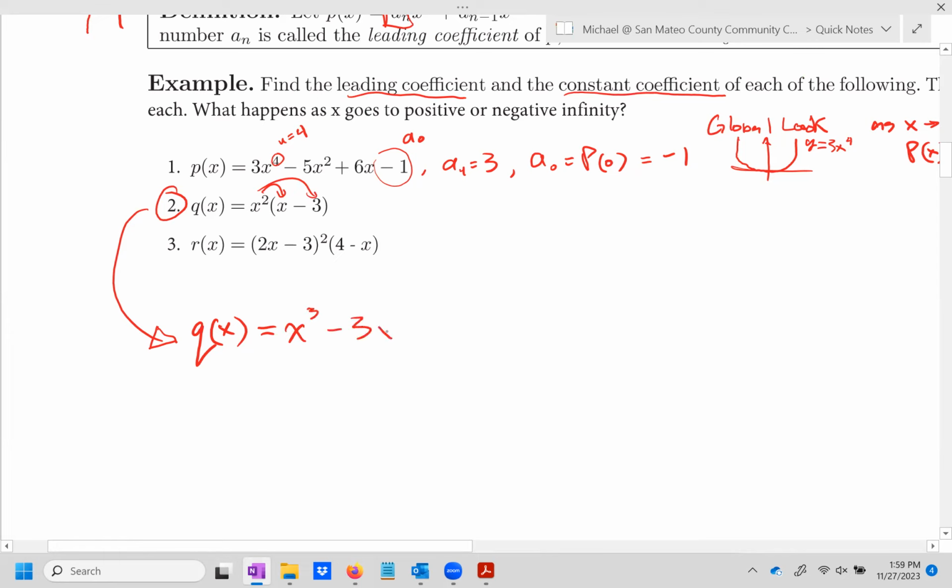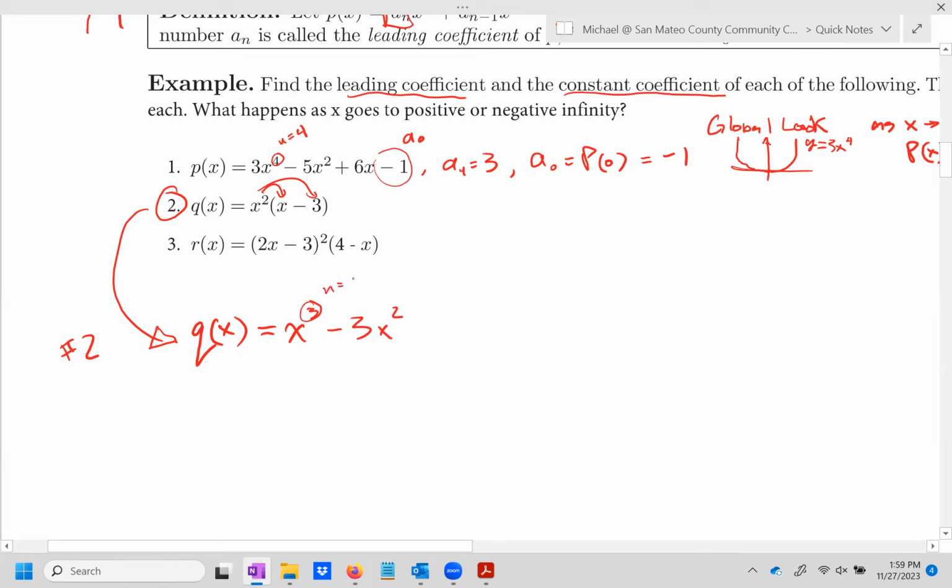Isn't this x cubed minus 3x squared? For number 2? Yes. Is that the same? It's equivalent. That's an identity. X squared multiplied by x minus 3 is x cubed minus 3x squared. When I say identity, I just mean this is an equation that's always true. Okay? Now, what's the lead term? What's n?